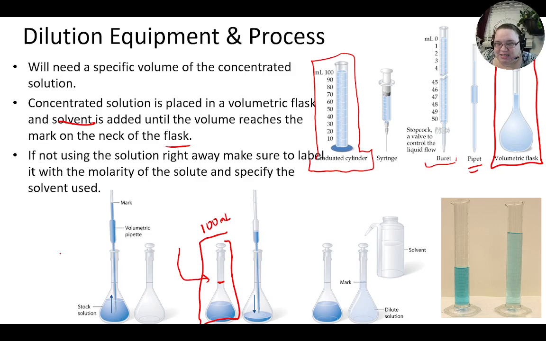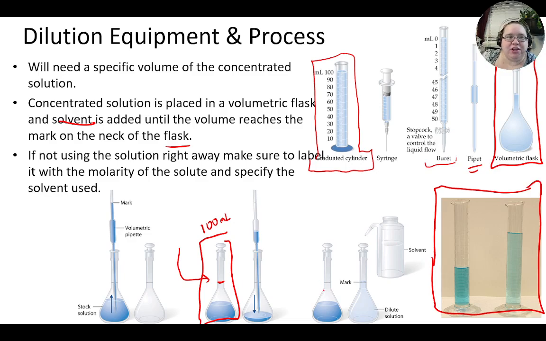Now, remember I said it depends on how specific we want to be, which would determine the equipment I'm using. Well, in first year chem, high school chem, we're not as worried about being as precise as possible. So what you might see in a high school laboratory setting is you quite literally do the entire dilution in a graduated cylinder.